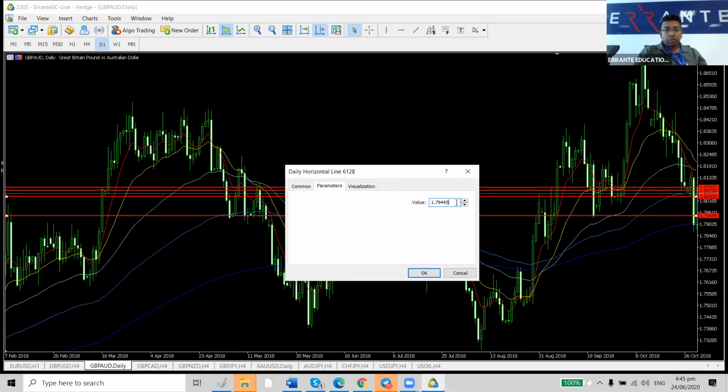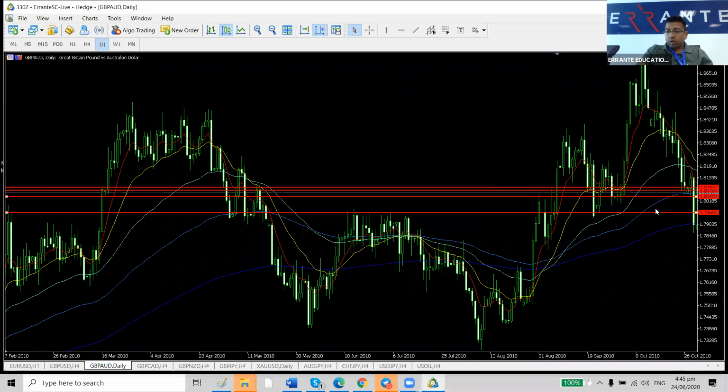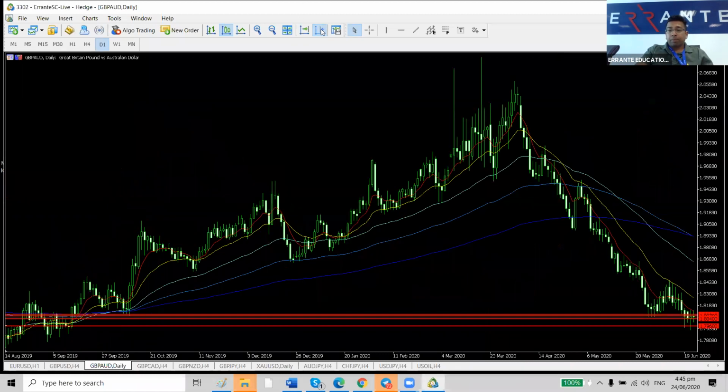So you sell your GBP AUD at 8040, 1.8040. You could potentially take profit at 7960, which would probably be better. Okay, we've got some distance here, some pips to make.